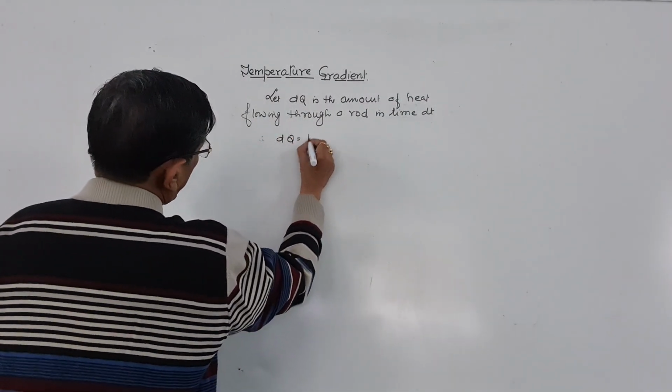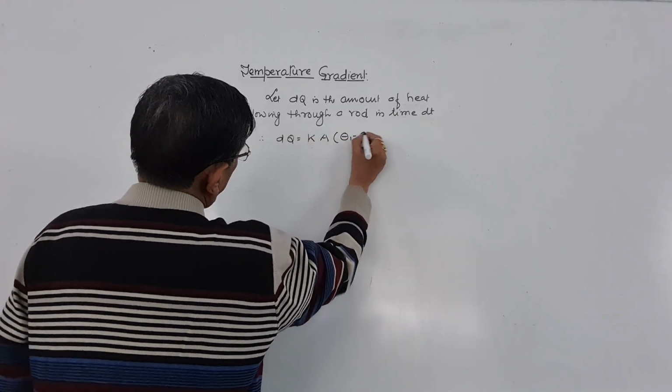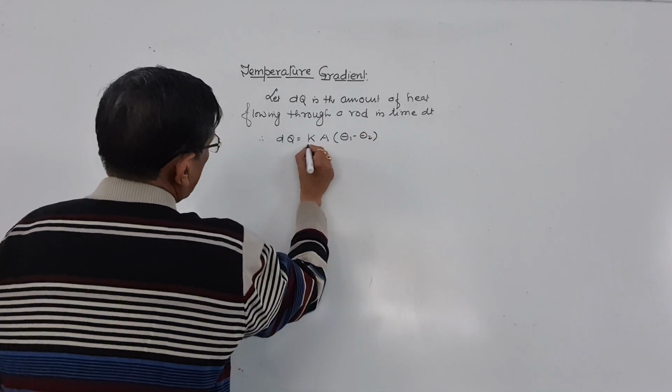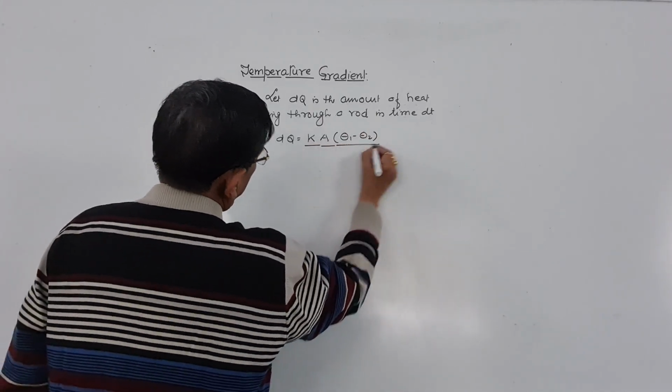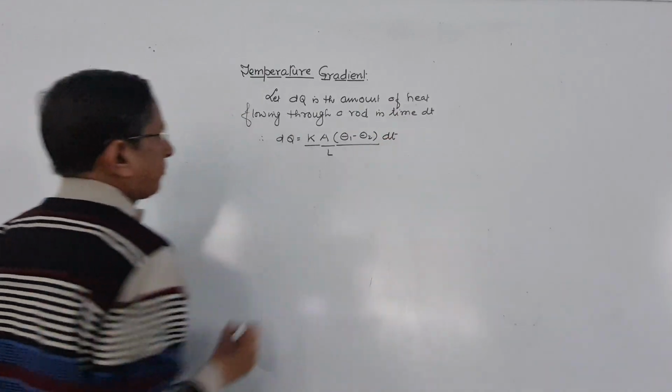Therefore, dQ is equal to kA (theta 1 minus theta 2) upon L into dt.